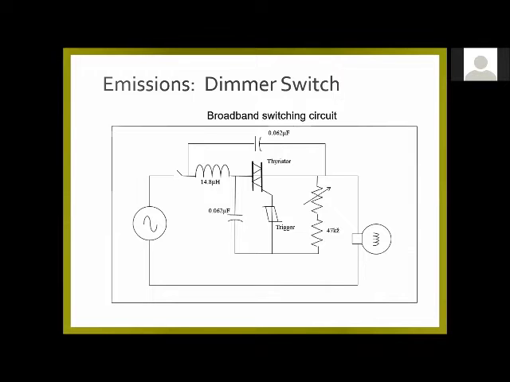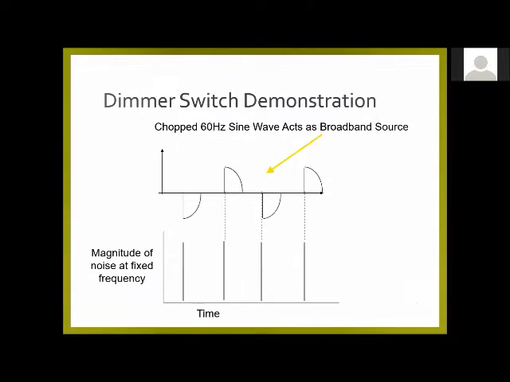And so by adjusting the resistor on the device, you can change the amount of the AC voltage and hence the AC current that goes from the mains to the light bulb. And when it switches, it makes a really fast transition. So you get a high frequency noise at each of these transitions, and they occur at 60 hertz intervals.